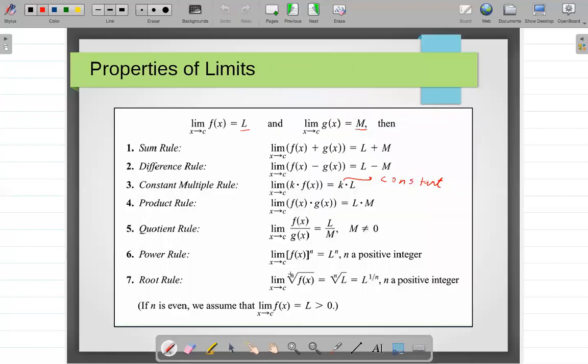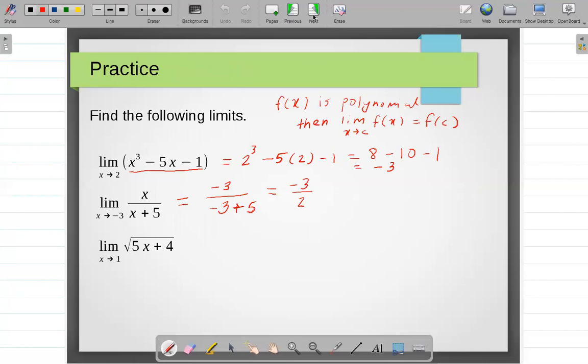When you see a square root or a root, we can just take the limit of the inside, and the square root stays there. So this is the same as the square root of the limit of f of x plus 4 as x goes to 1. Then when x goes to 1, I get the square root of 5 times 1, which is 5, plus 4, which equals the square root of 9, which is 3.